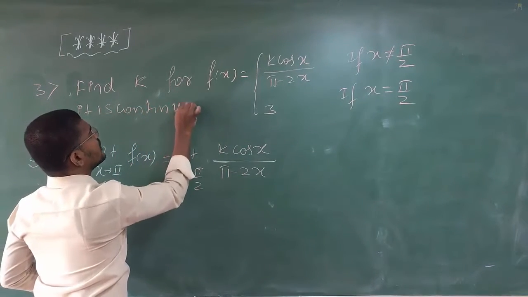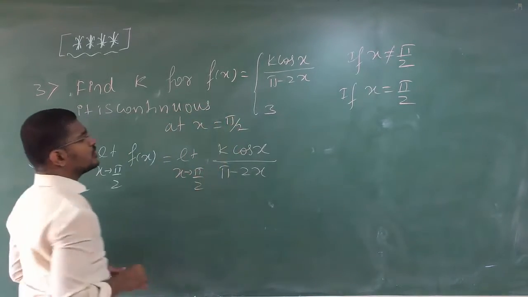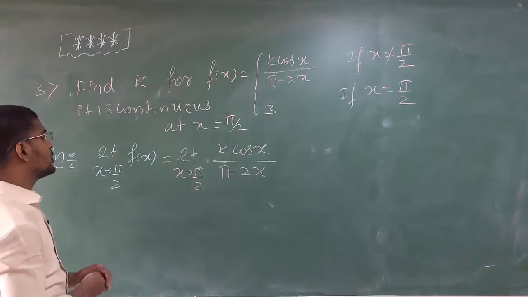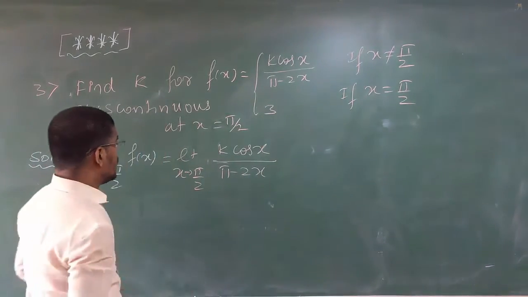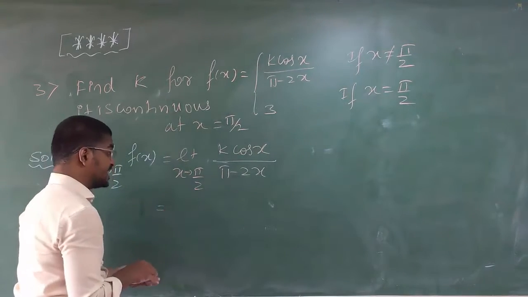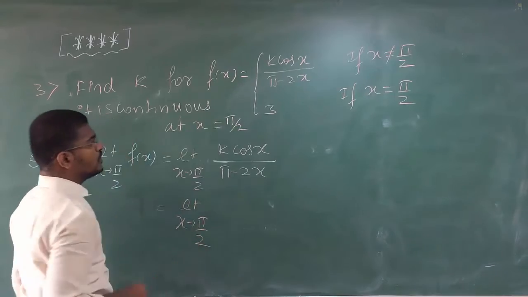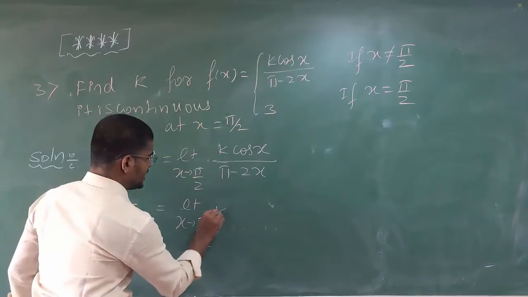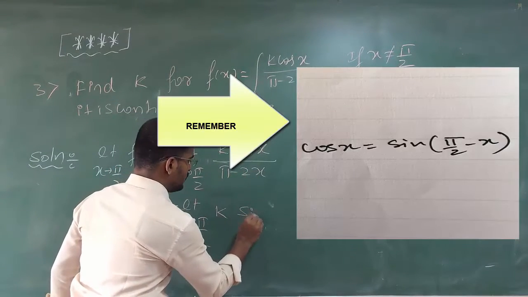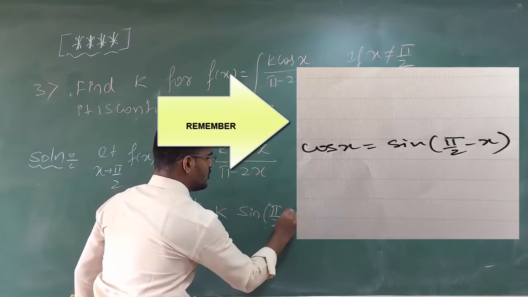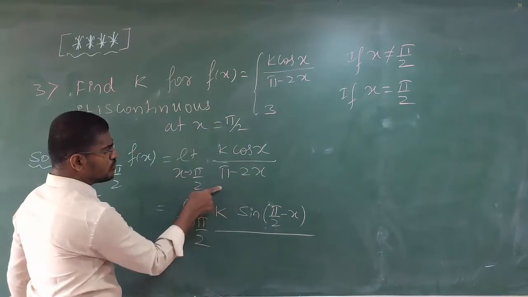So it is continuous at x equal to pi by 2. It is already given in the problem, so no problem. The limit as x tends to pi by 2 of f of x, this is your given function. How to simplify this? That is the limit as x tends to pi by 2, k is constant, write it as it is. How can you write cos? Sine of pi by 2 minus x divided by, I will take 2 common from this.